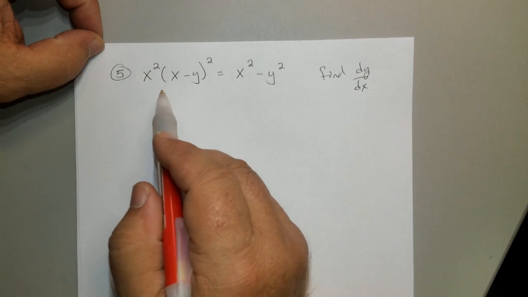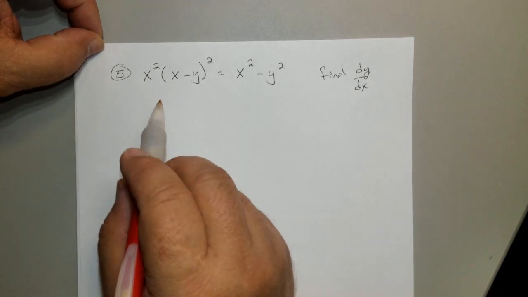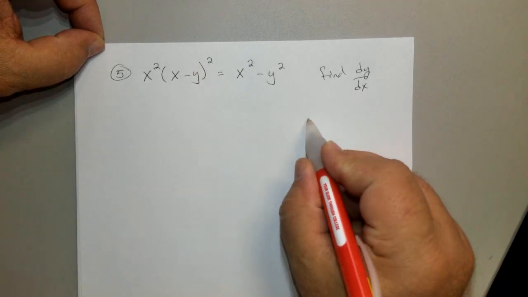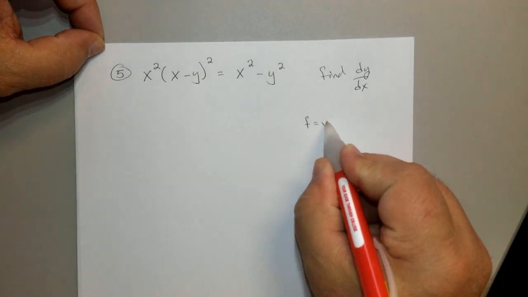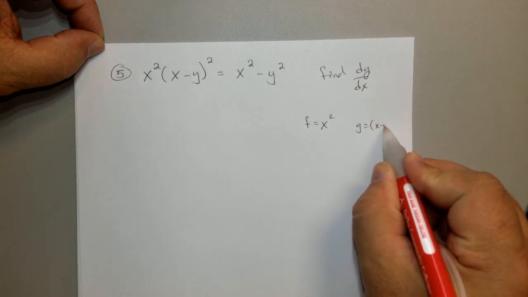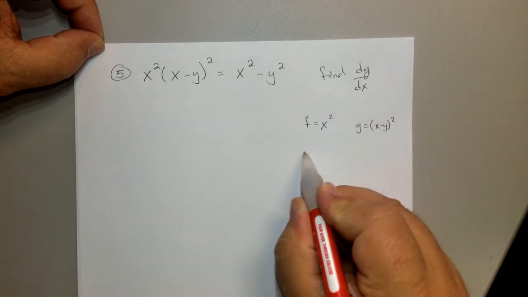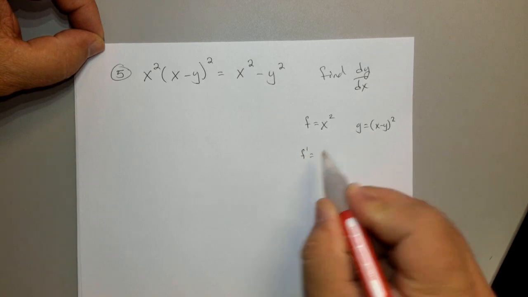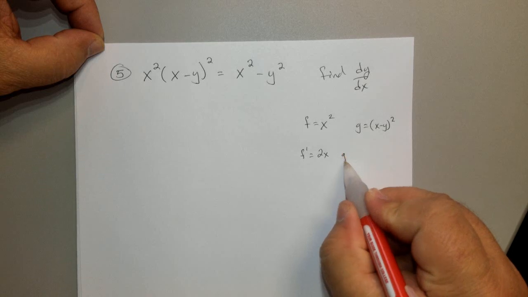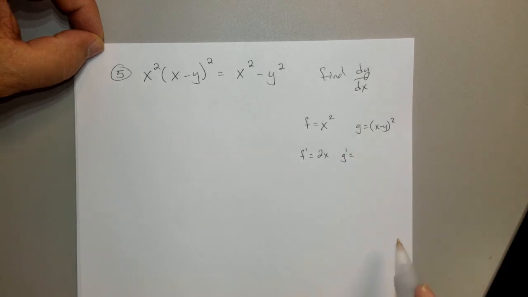This side's going to give us some trouble because it's the product rule with a twist. So f is x squared, g is (x minus y) squared, f prime is 2x, g prime.